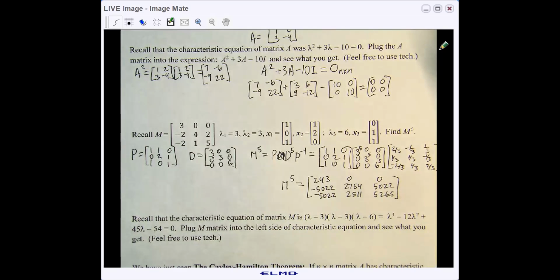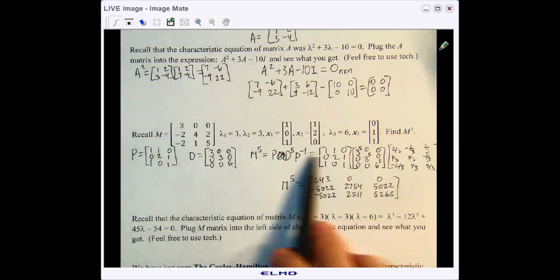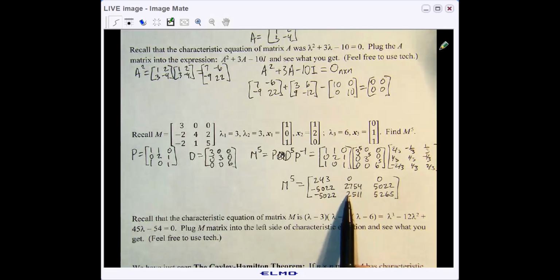So that's what M to the 5th would be using a computationally easier method, using the diagonal matrix and the fact that the matrix is diagonalizable.